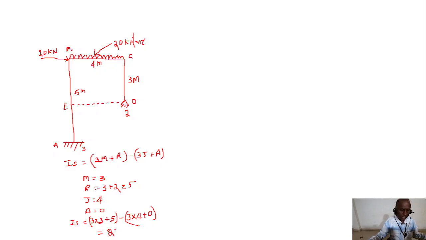So the static indeterminacy IS is equal to 2. So we have 2 unknowns, and these 2 reactions we will place at the point D. We have 2 redundants at point D: this is R1 and this is R2.